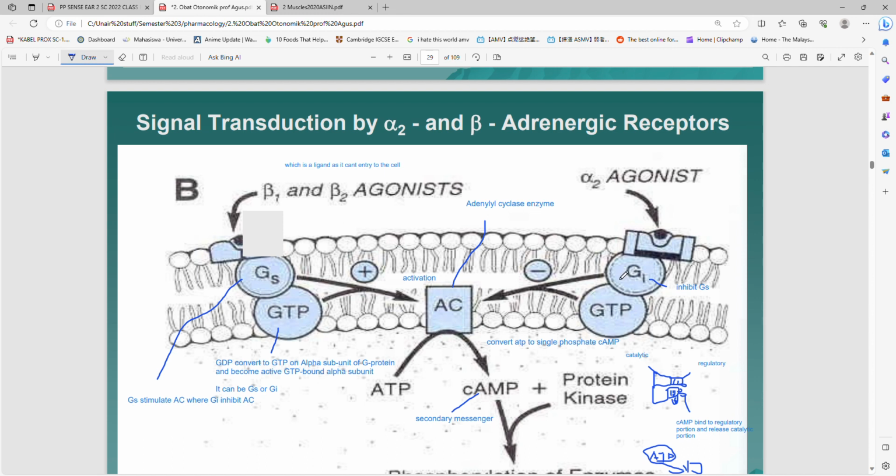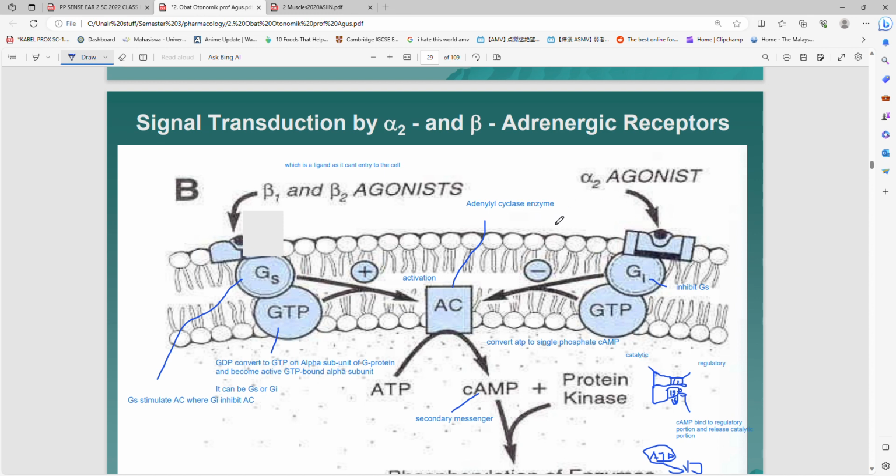So now let's move to the Gi. As its name shows, inhibitory, it inhibits the AC, the adenylyl cyclase enzyme. For example, the alpha-2 receptors.